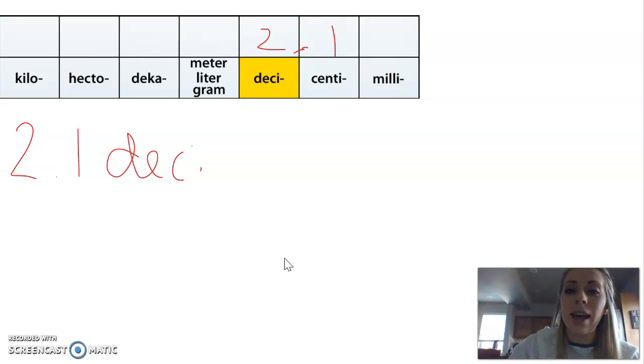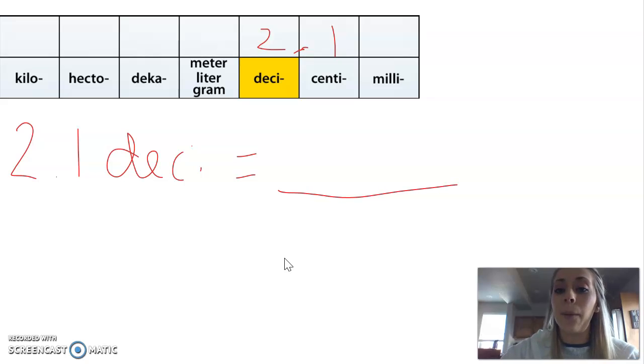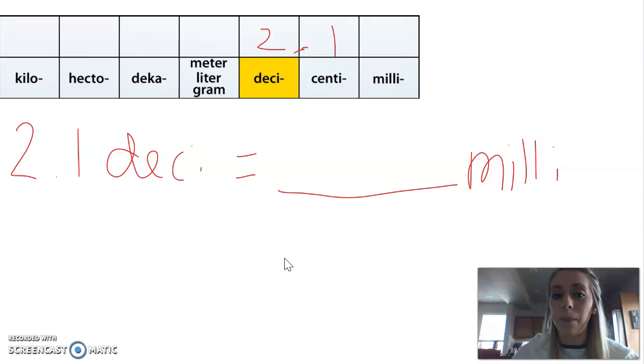Placing that 1 behind the decimeter is because it's in the next place behind the decimeter. So I have 2.1 decimeters. I'm trying to see how many millimeters that is going to equal, okay?